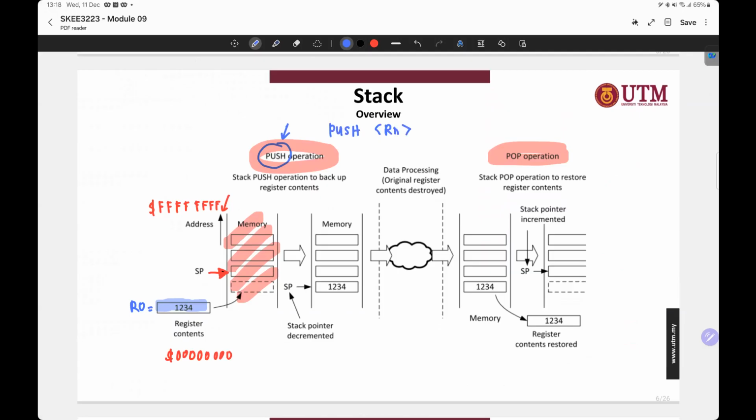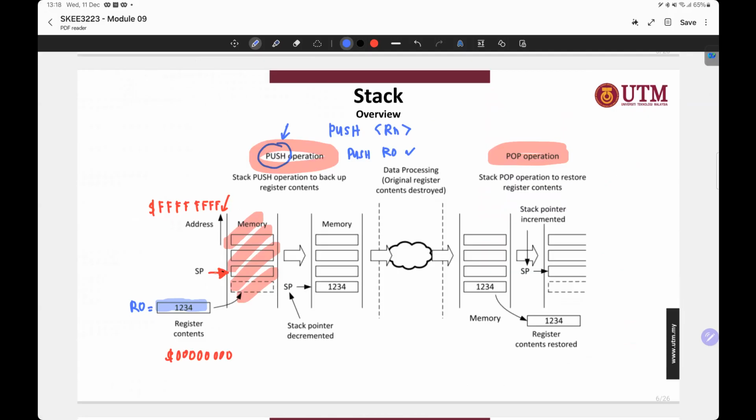Since the value 1, 2, 3, 4 is inside R0, we use PUSH R0. When you execute this instruction, what happens now?